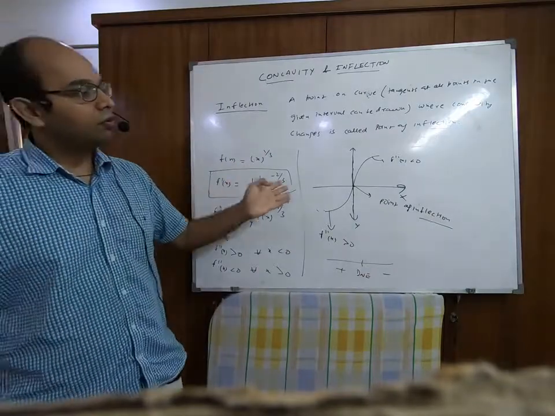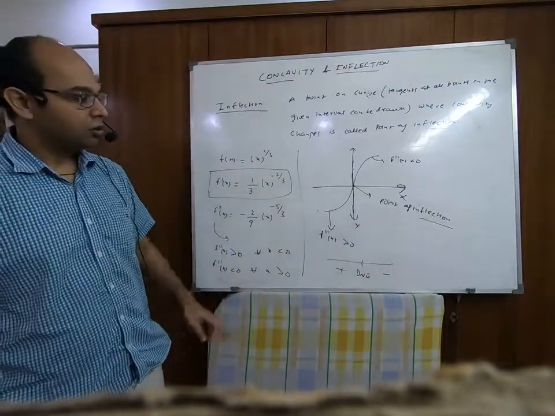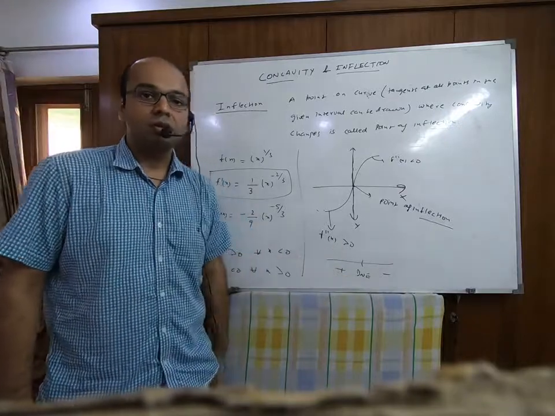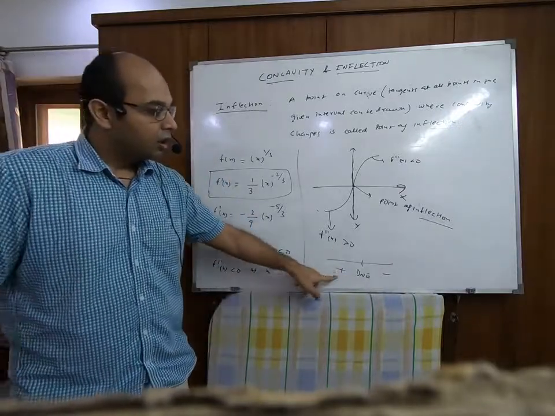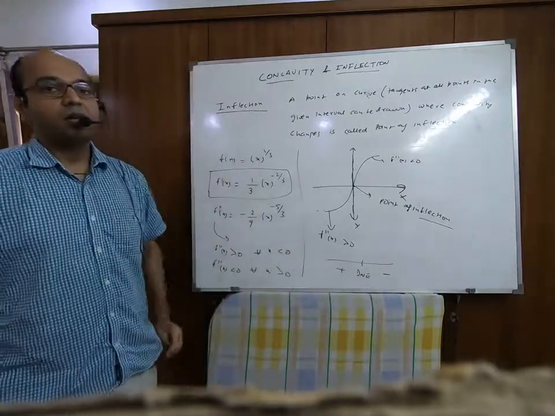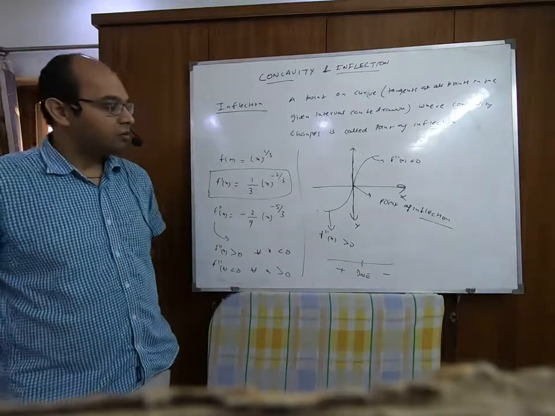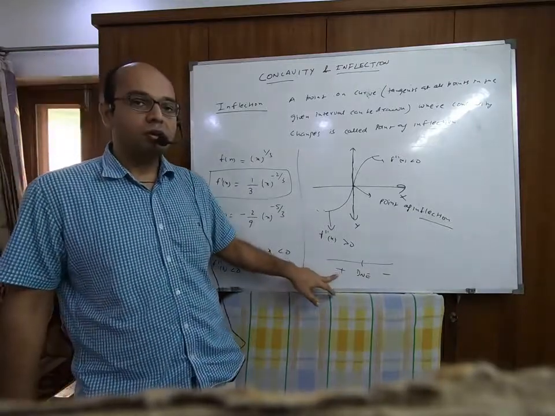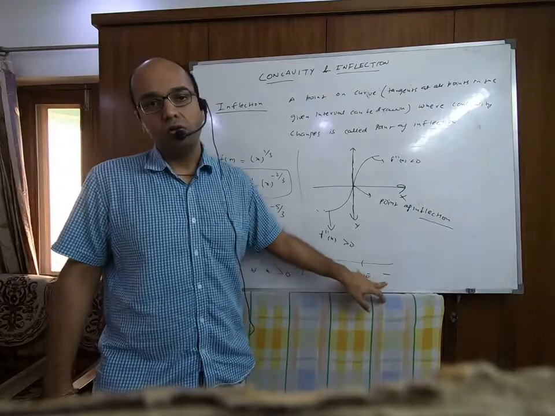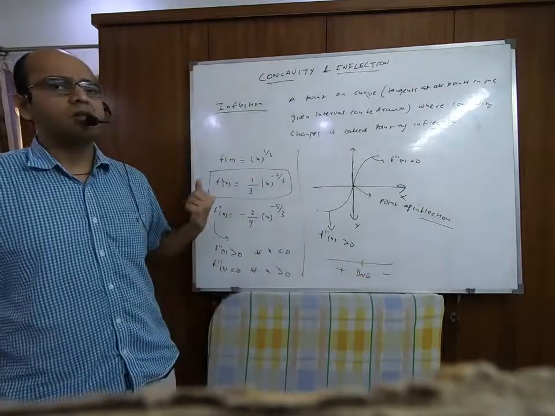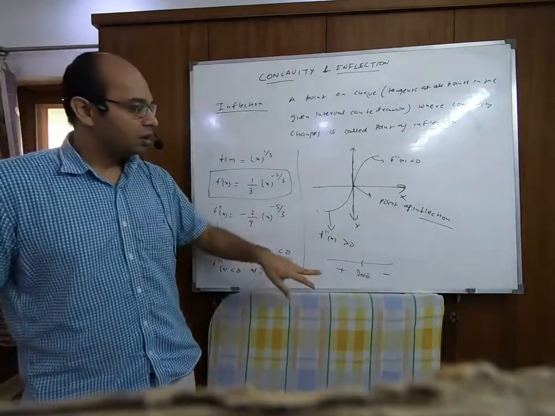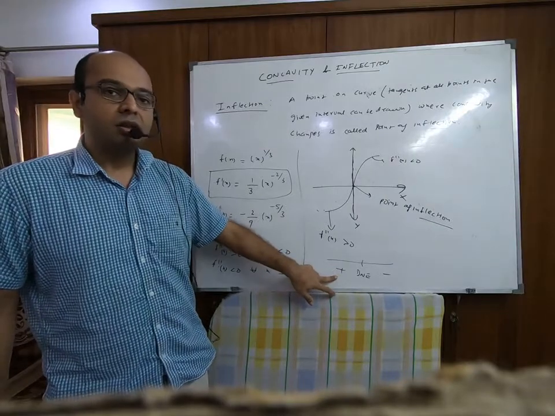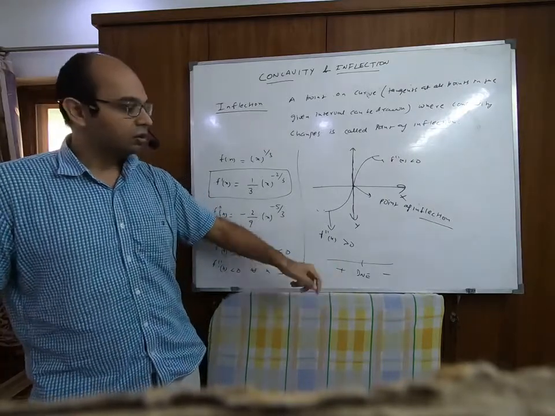So for finding the point of inflection you can use this logic also, and you can see the transition can happen in two ways. f double dash x goes from positive to does not exist to negative, or as was in the previous case, f double dash x is positive or negative here.